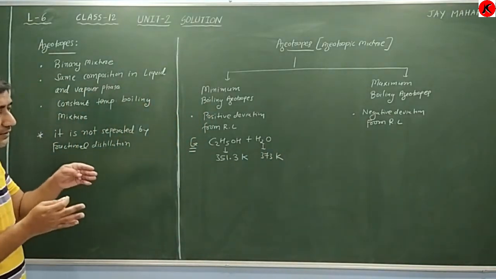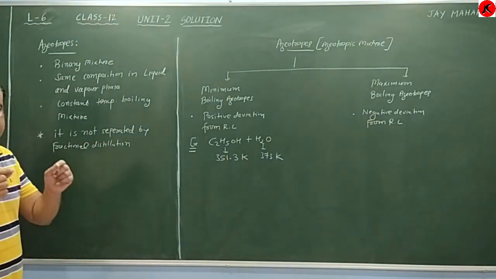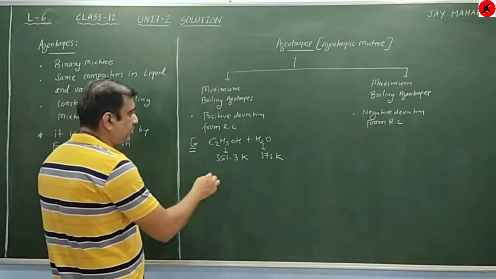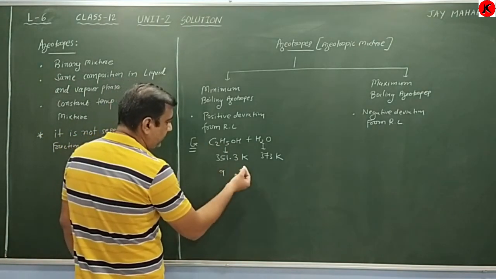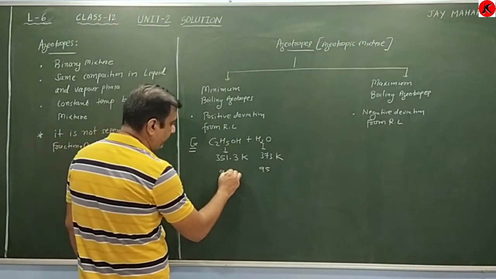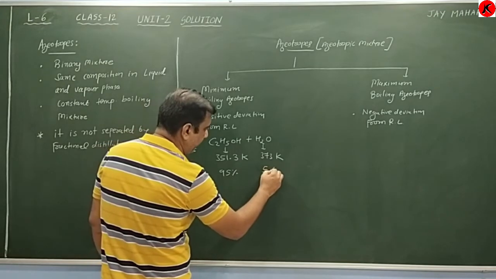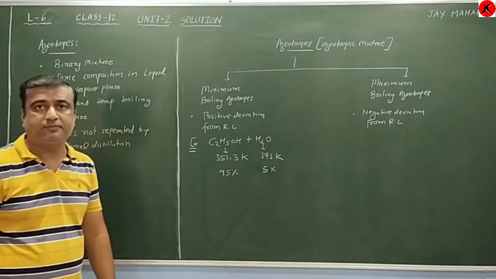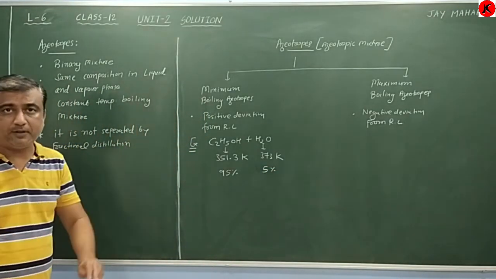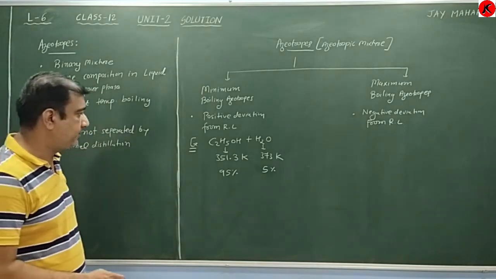At a particular composition they form an azeotrope. When the mixture is 95% ethanol and 5% water and is separated by distillation, then it forms an azeotrope.